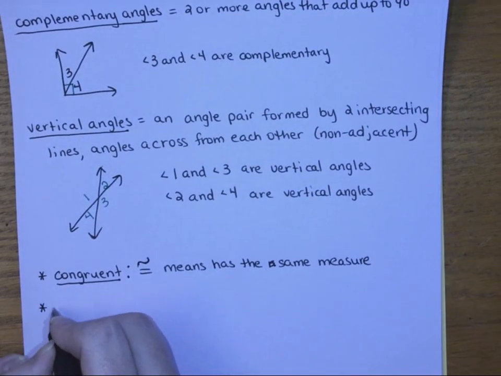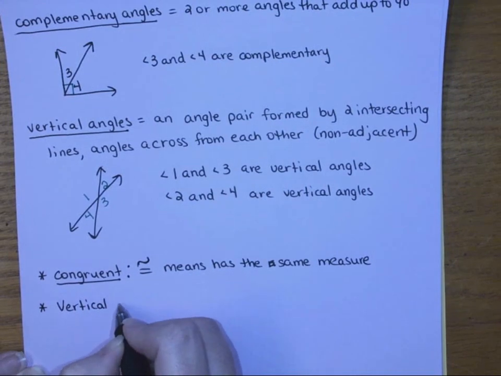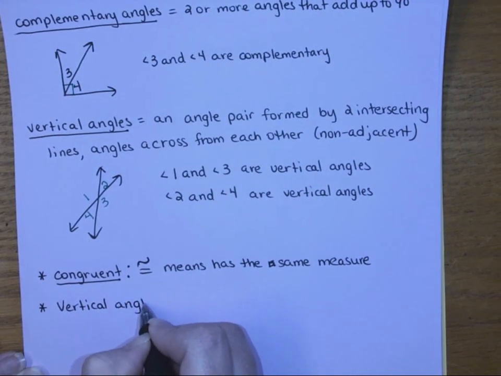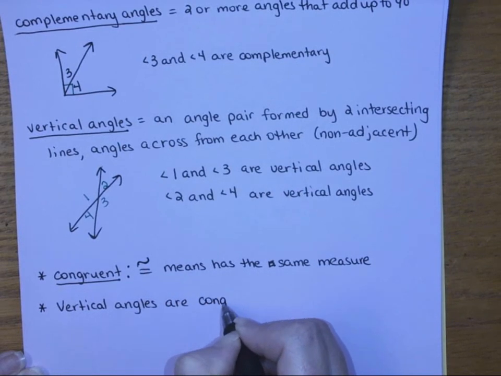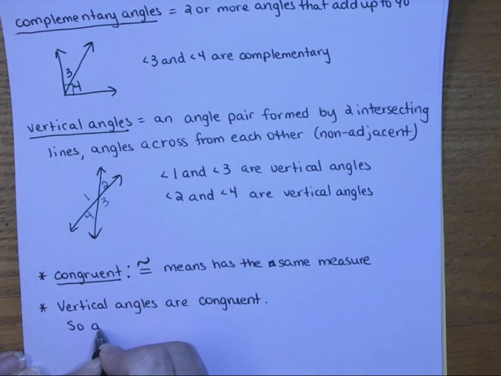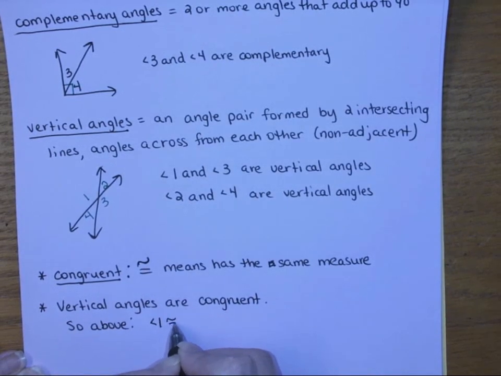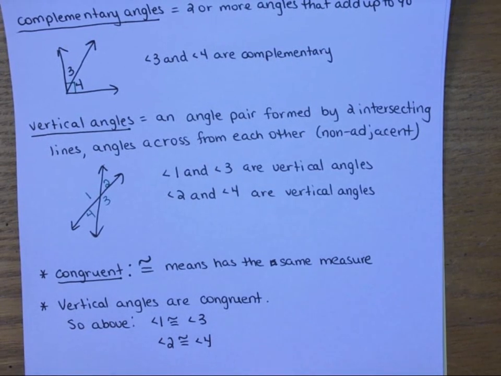And it turns out that no matter how they are drawn, as long as they're formed with intersecting lines, vertical angles are always congruent. So if we look above, we would say that angle 1 is congruent to angle 3, and also angle 2 is congruent to angle 4.